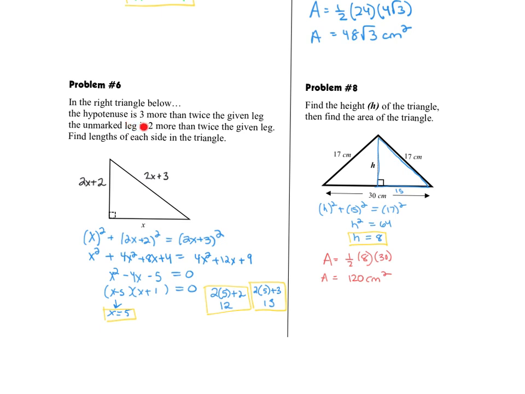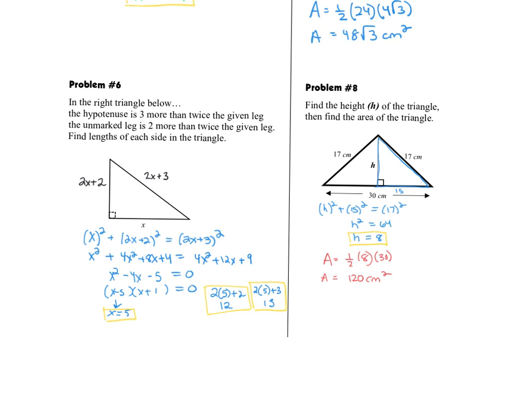The unmarked leg is 2 more than twice the given leg, so twice the given leg and 2 more. To set up the Pythagorean theorem, my legs are x squared and 2x plus 2 squared, equal to my hypotenuse, which is 2x plus 3 quantity squared.